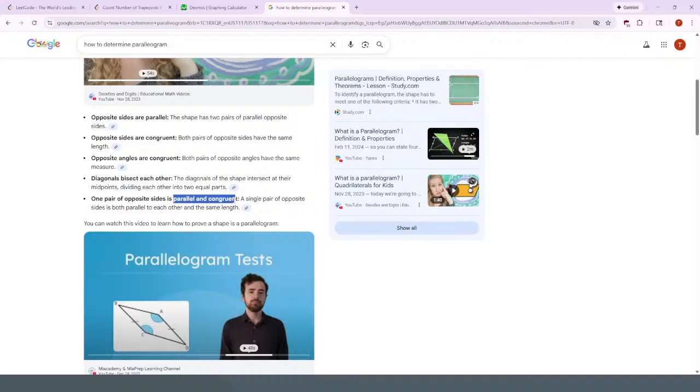Oh. Parallel and congruent. Interesting.